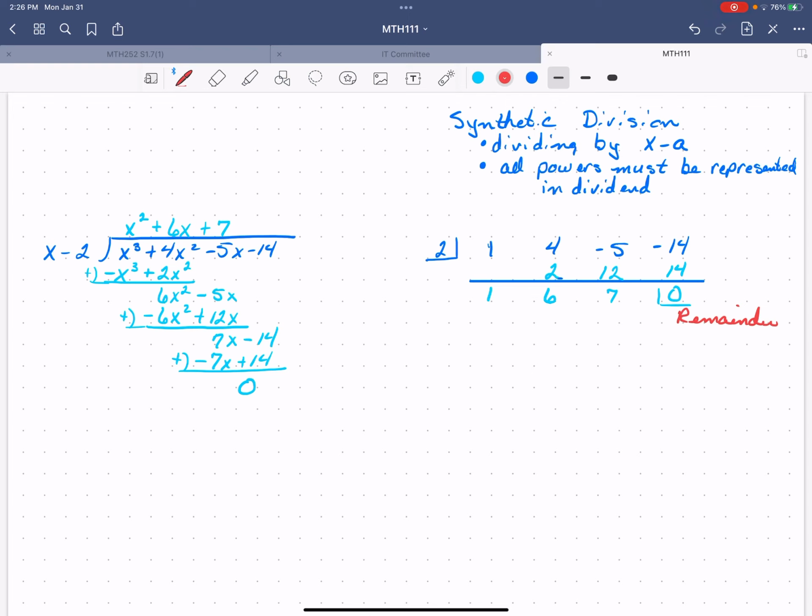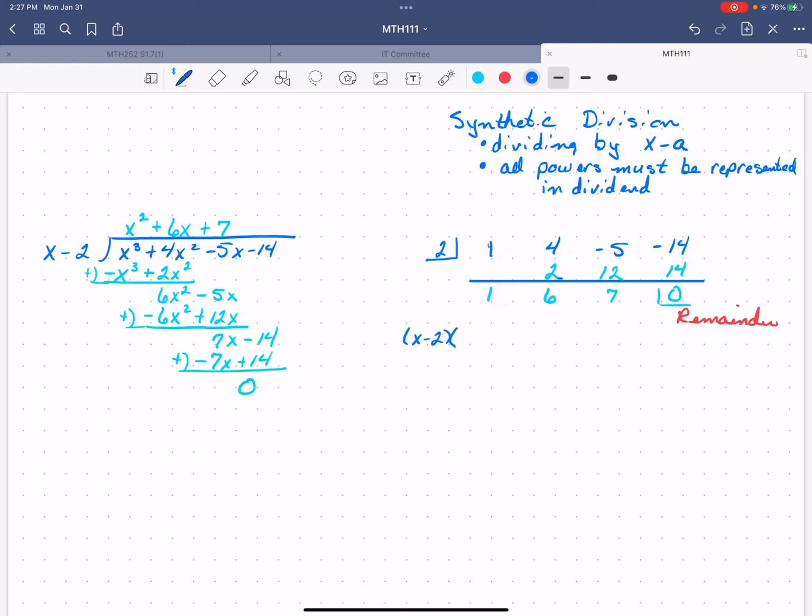So what I've learned here is that my function is x minus 2 times, now this was an x to the third, an x squared, and x. And my result will always be 1 degree lower, so this is an x squared plus 6x plus 7.